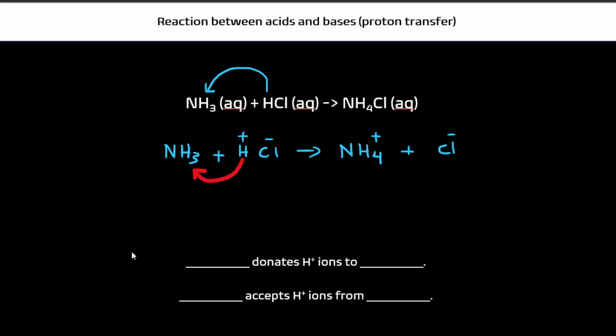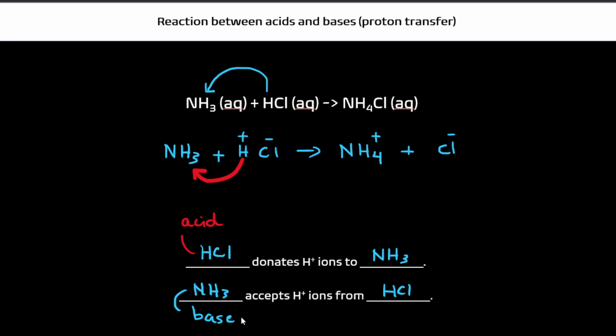So let's fill in the blanks below. HCl donates H plus ions to NH3, and NH3 accepts the H plus ions from HCl. Because HCl donates H plus ions, HCl is of course an acid, and because NH3 accepts H plus ions, it is a base.